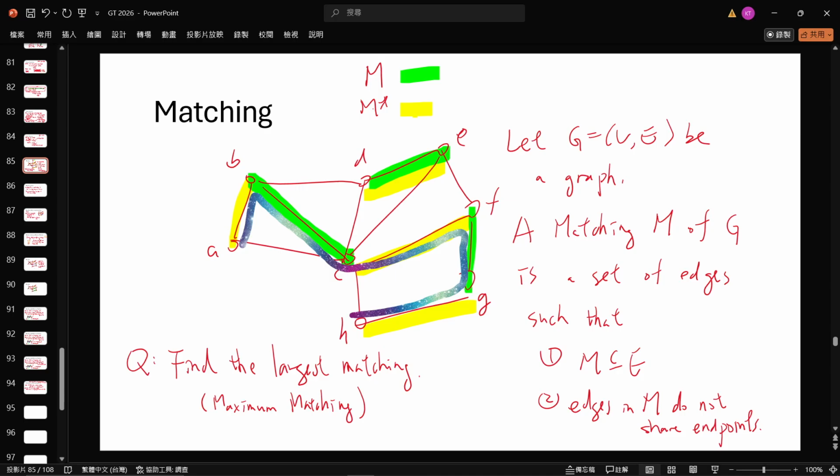So first of all, you can notice that some edges can be in both the green one and the yellow one. Okay. So actually, we're going to ignore this kind of edges because, well, at least I don't know how to use these edges in the M augmenting path.